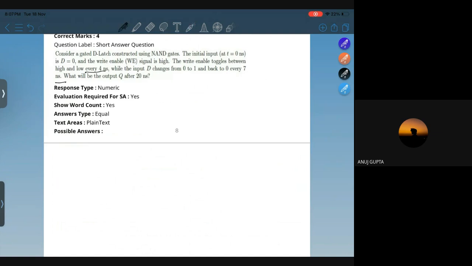So let's go and create the timing chart, or better to go for 2.